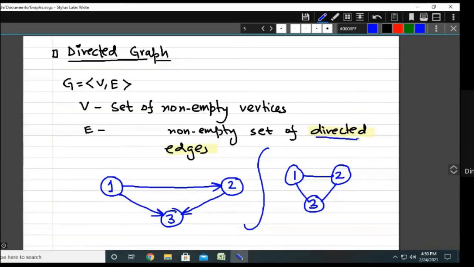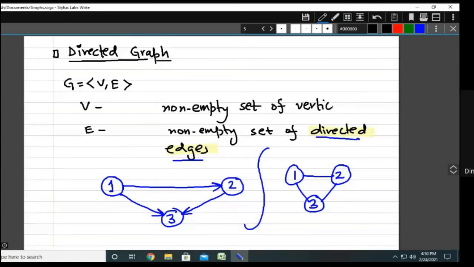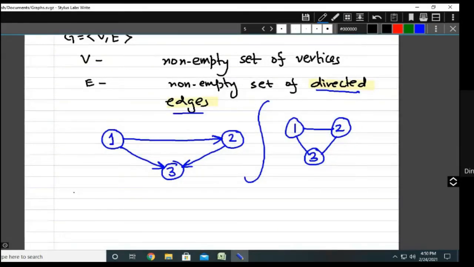You have a set of directed edges, and here you have a non-empty set of vertices. Okay, so the direction is associated with the ordered pair. Now what is the ordered pair?